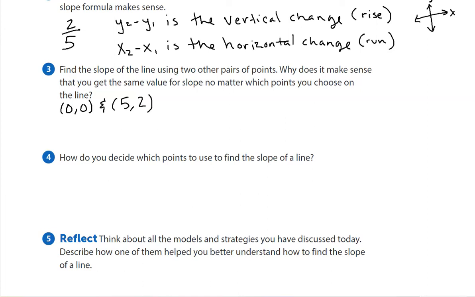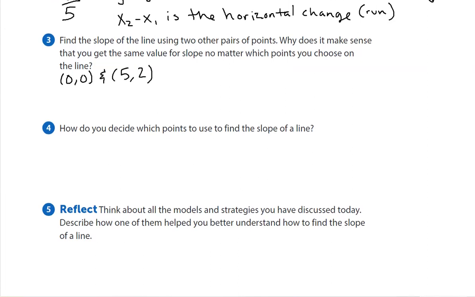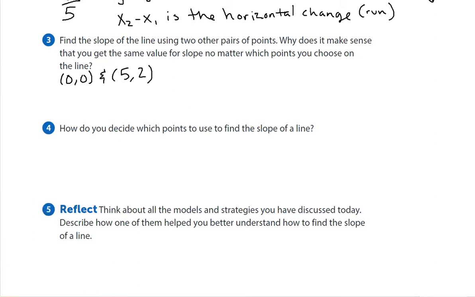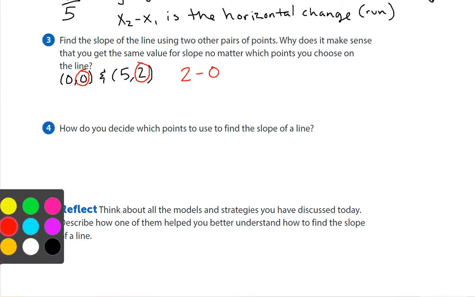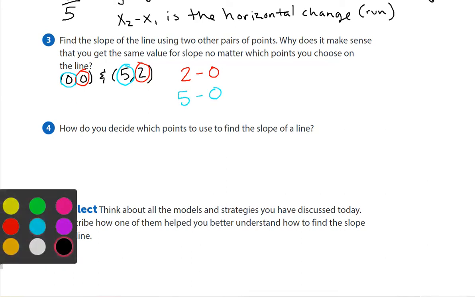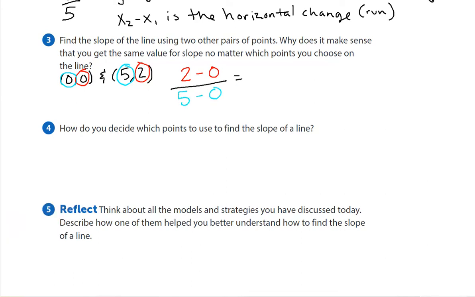I know those points are on the line because I'm looking at the teacher's guide, but let's put them in the formula. We've got to do our y's on top, second one first. So that's 2 minus 0. Then our x's on the bottom, second one first: 5 minus 0. 2 minus 0 is 2. 5 minus 0 is 5. Ta-da! The slope is the same with those points.